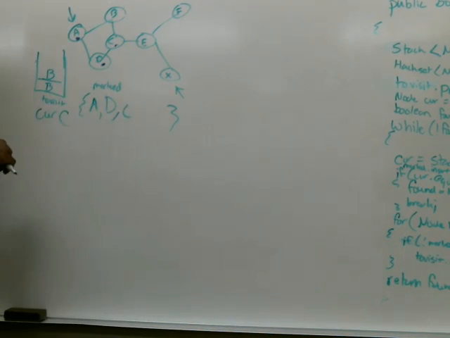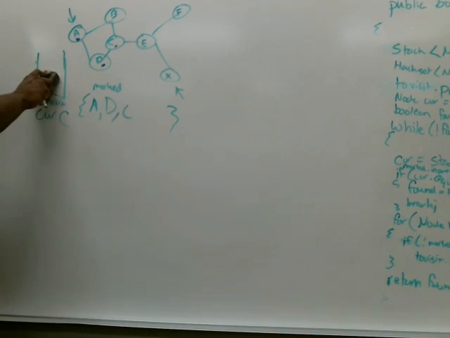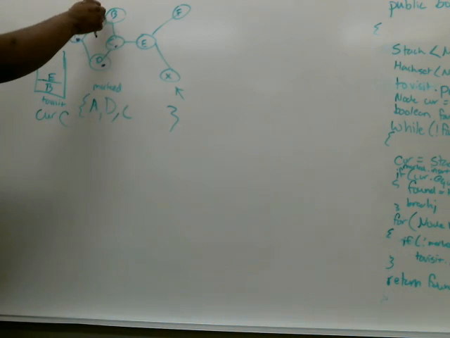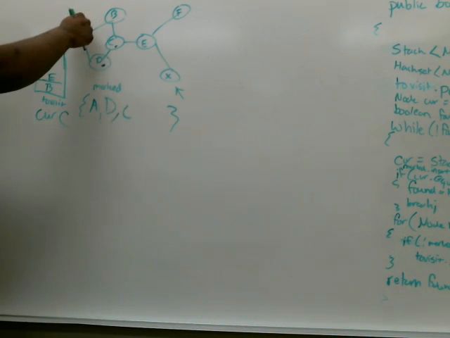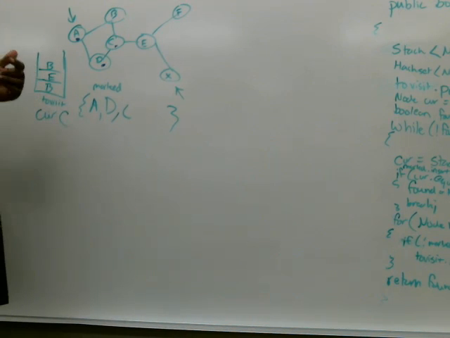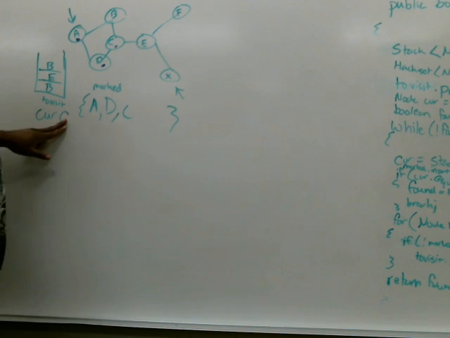To make this example more fun, I'm going to add E onto the stack first, so you can see what happens when we actually exhaust all our paths. So E, then B. Notice that we have two copies of B on the stack. It doesn't really matter. Okay, we're done with C.